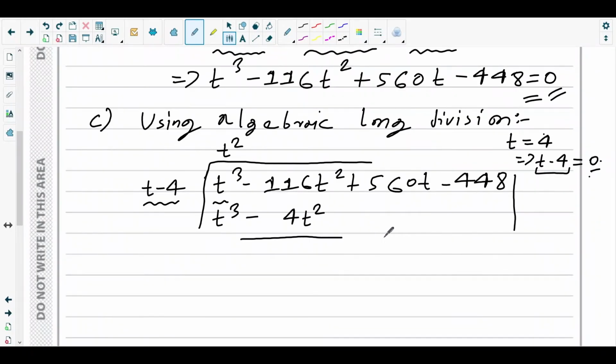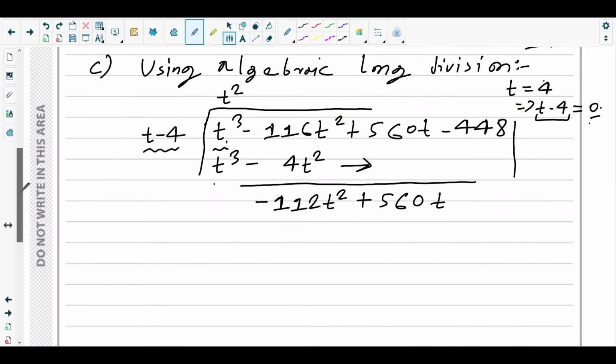Okay, now subtract the second expression from the first expression. So t cubed cancels out. You'll get negative 116t squared, and minus makes it plus 4t squared. So this will be negative 112t squared. Okay, and take 560t as it is.